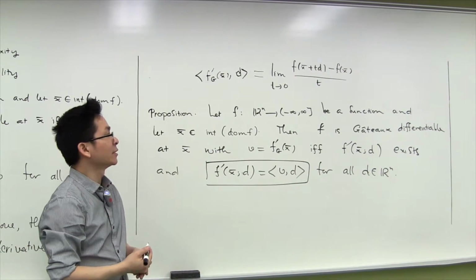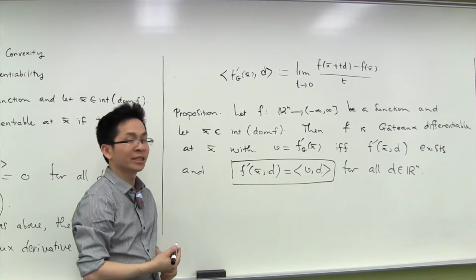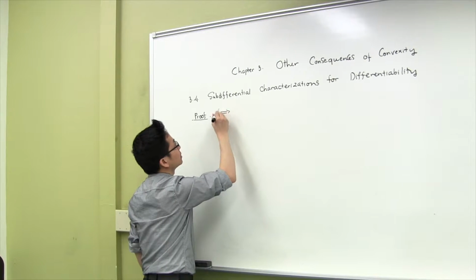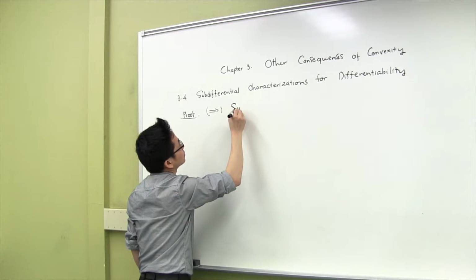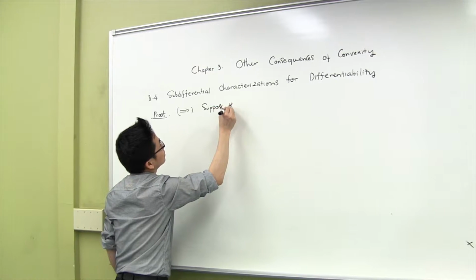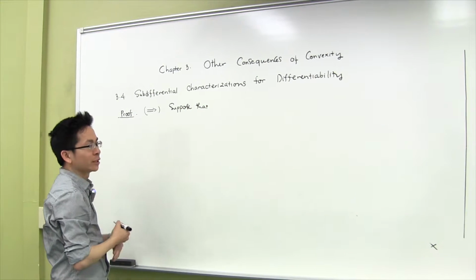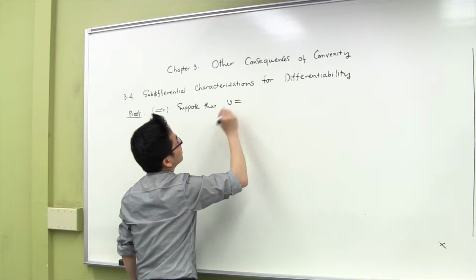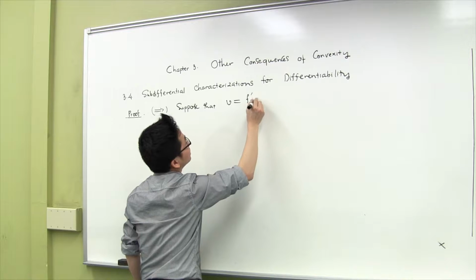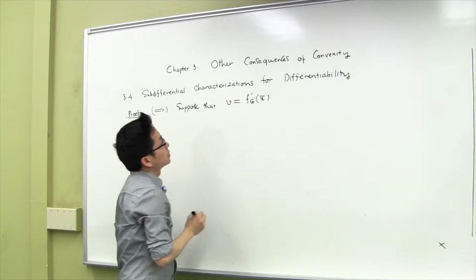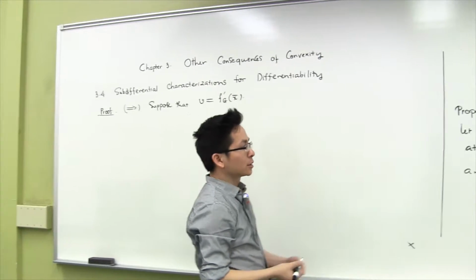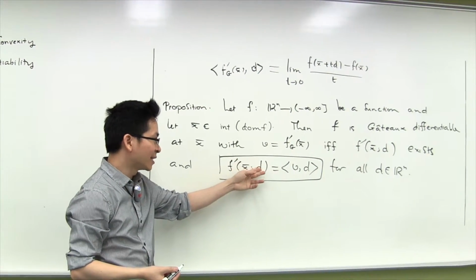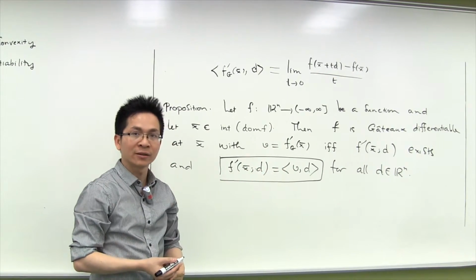Okay. So let me go ahead and give the detailed proof of this proposition. Let me first prove the implication. Suppose that f is Gateaux differentiable at x bar with its Gateaux derivative v. Then let us show that the directional derivative of f at x bar in any direction d is given by this formula.